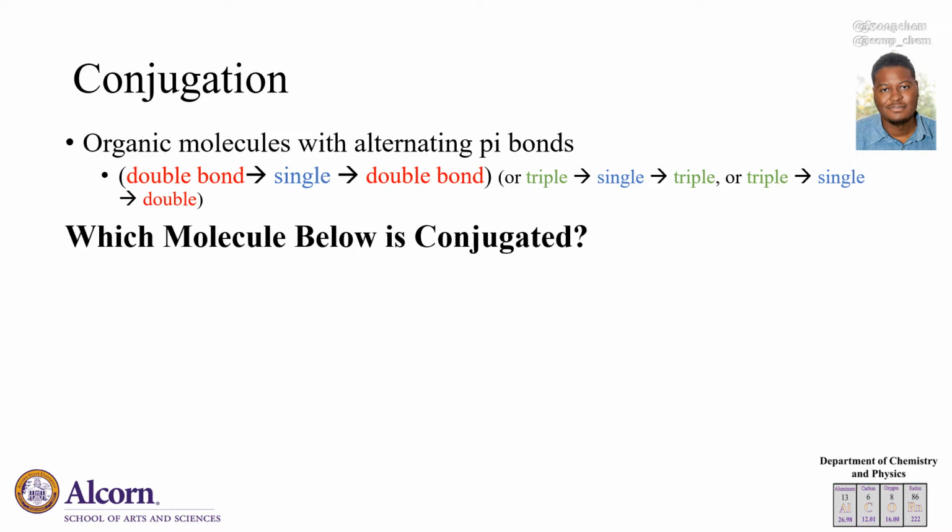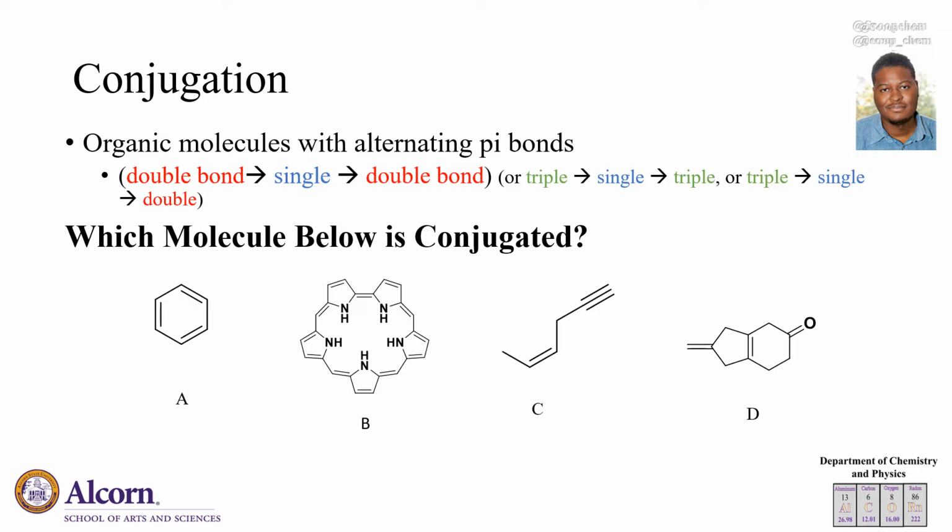For a check of this, can you describe or choose below which molecule is conjugated? There are 4 molecules here, A, B, C, and D. Can you tell me which molecule is conjugated? I'll give you a few seconds here.